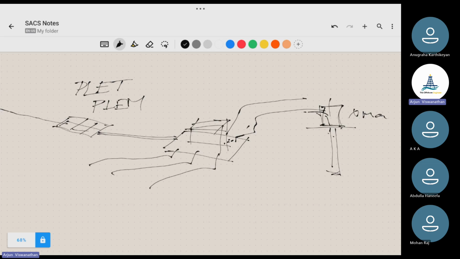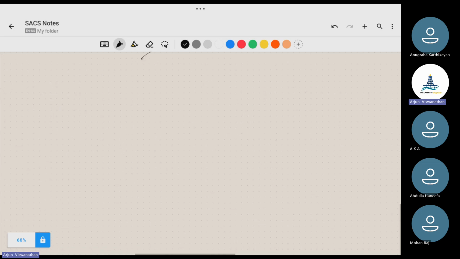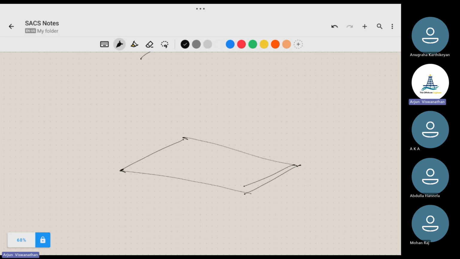So when we talk about these subsea structures, there are some things in common. Usually they will have a foundation like this. The foundation will make sure that the structure stays intact in that location.